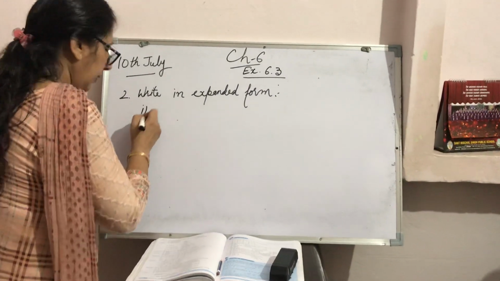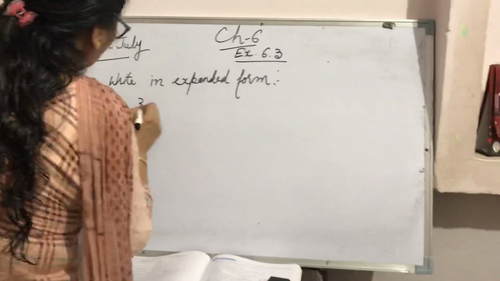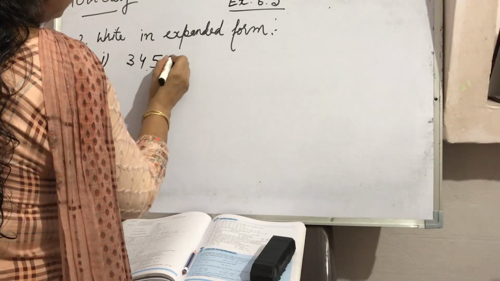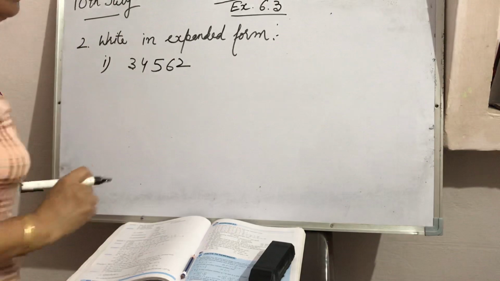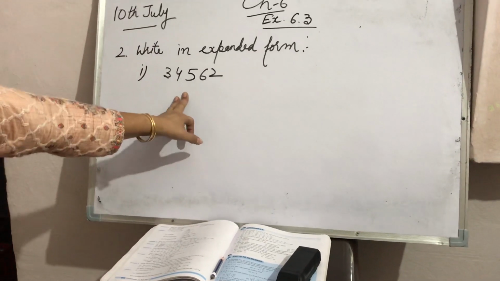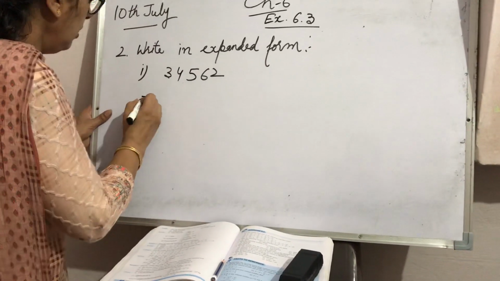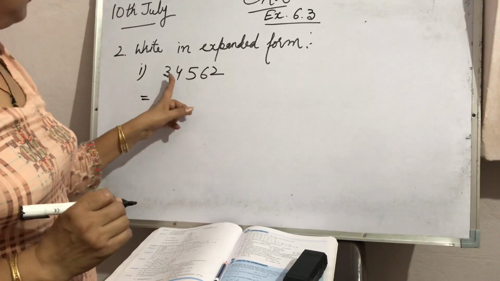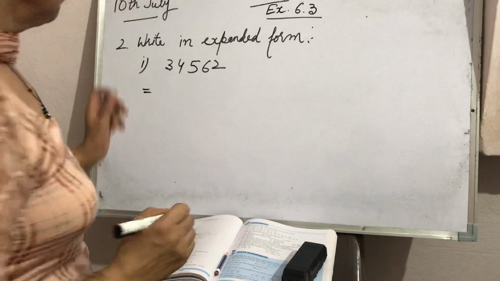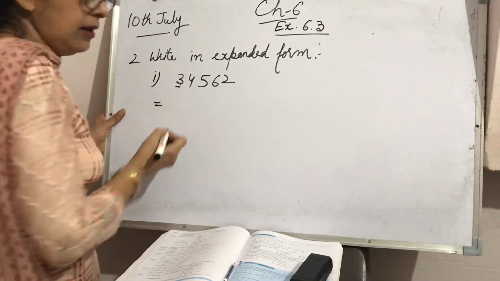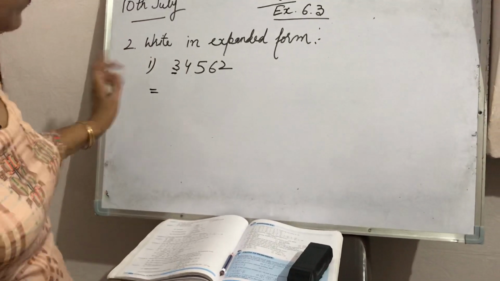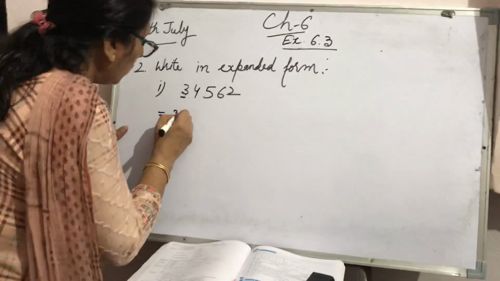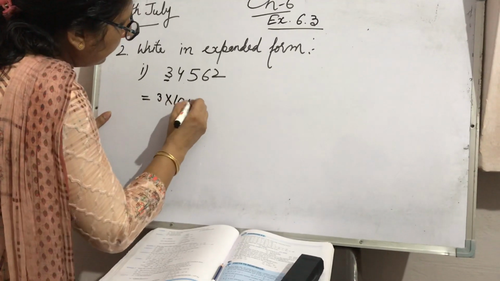So first part, 34,562. This number we have. First of all, find out ones, tens, 100, 1,000 and 10,000. So this is 10,000. How many 10,000s are there in this number? 3 ten-thousands. It means 3 multiply 10,000.